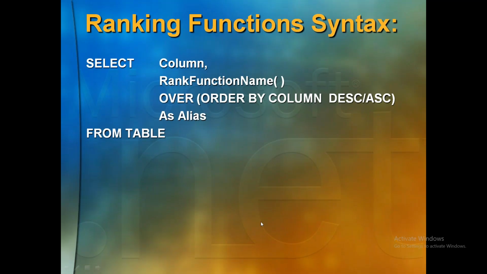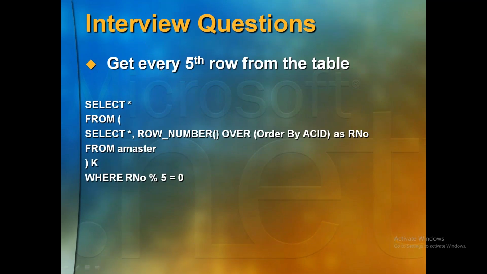One of the interviews, they asked this question: I wanted to get every fifth row from the table. They said not 1, 2, 3, 4, every fifth row. Then you need to say row number modulo 5 is equal to 0. So this will give you every fifth row from the table.